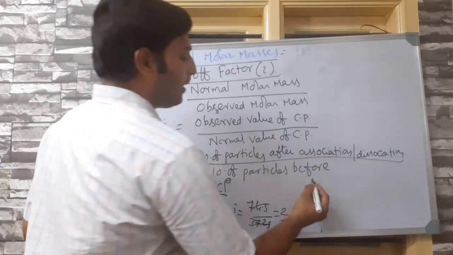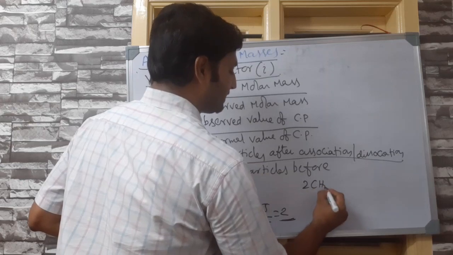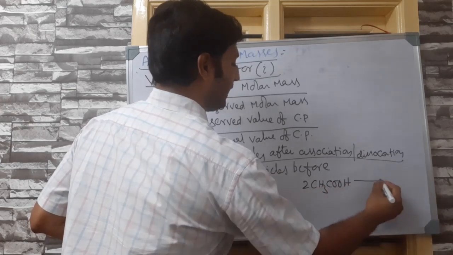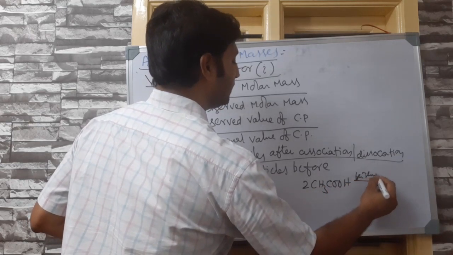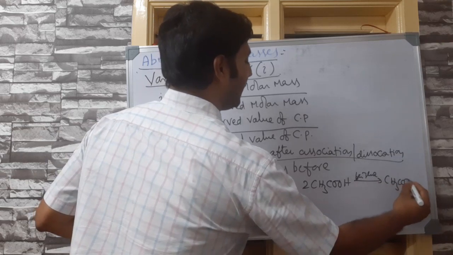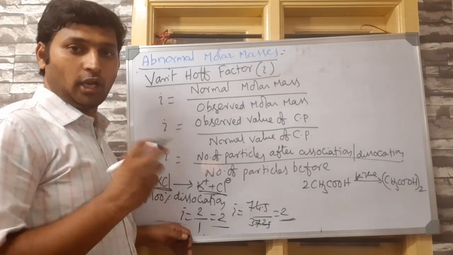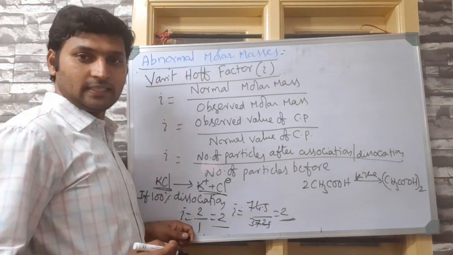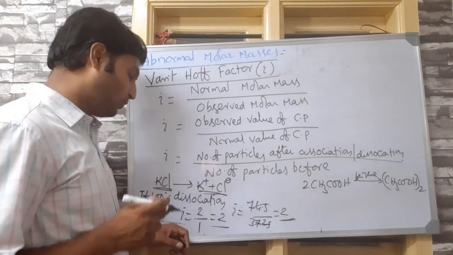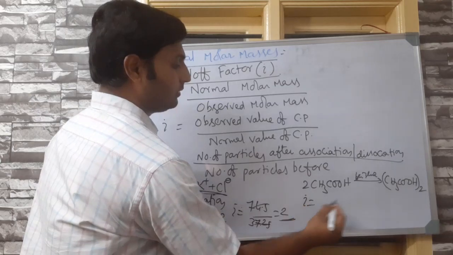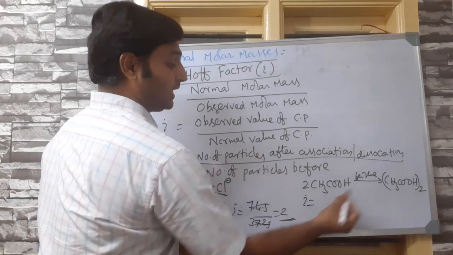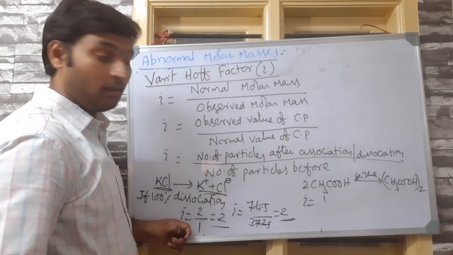Similarly, 2 moles of acetic acid in benzene solvent is becoming a dimer, that is, a single molecule, the dimer of acetic acid. Now, what is happening? Because of association, the number of particles is 1.